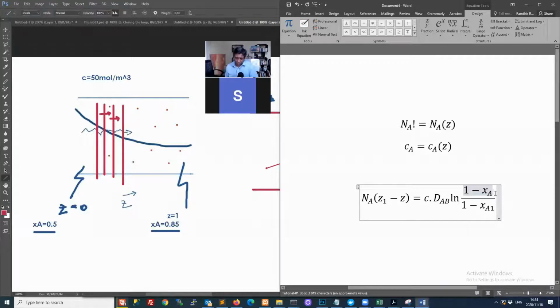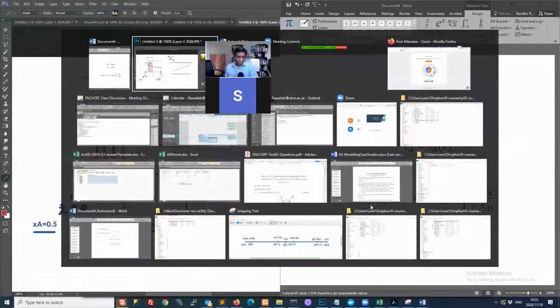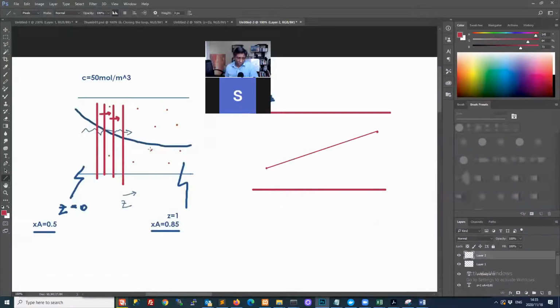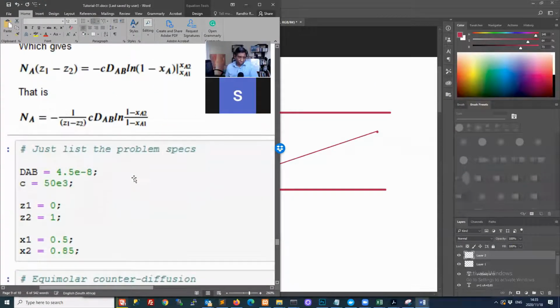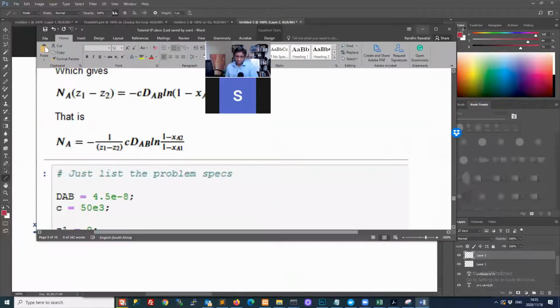And so if you just stick in the XA2 here and Z2 there, then we can estimate the diffusion rate. So NA is then something we can determine from this equation. So everything is specified now, and we can just solve for NA. And so we know NA, which is the same number across the whole space, and so we can go on to then determine how the mole fraction is varying through that space.